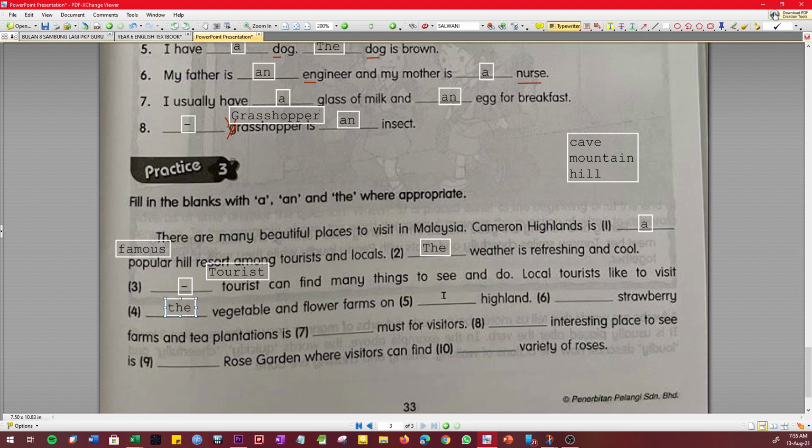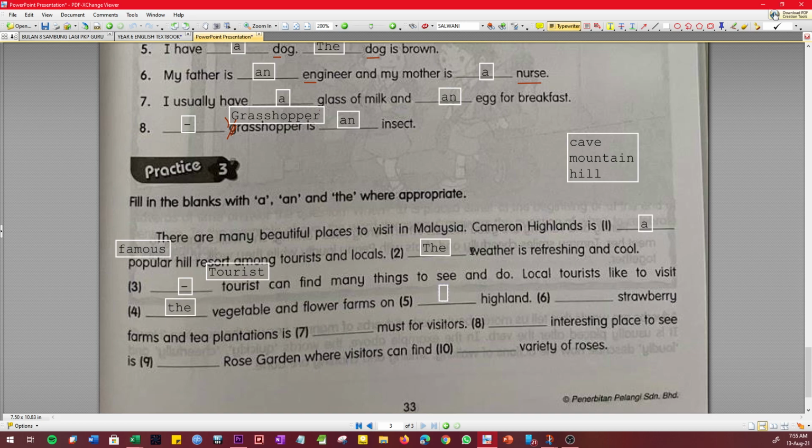On highland. Ini pelajaran apa? Which room? Mentioned for the second time, right? Telah disebut buat kali kedua. Tak tahulah kali kedua ketiga ni. Okay. Maksudnya bila kali kedua, kali ketiga, kali keempat, kali lima semua tu kita guna the.